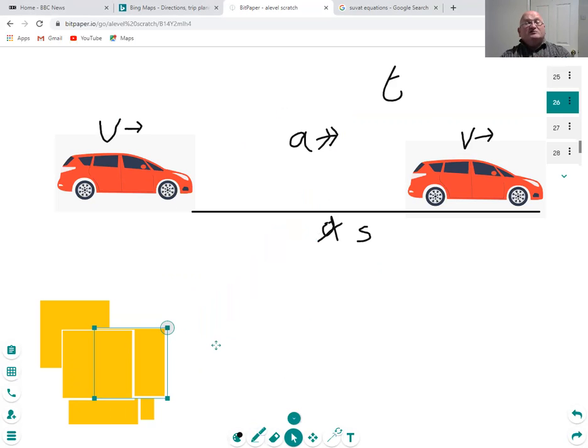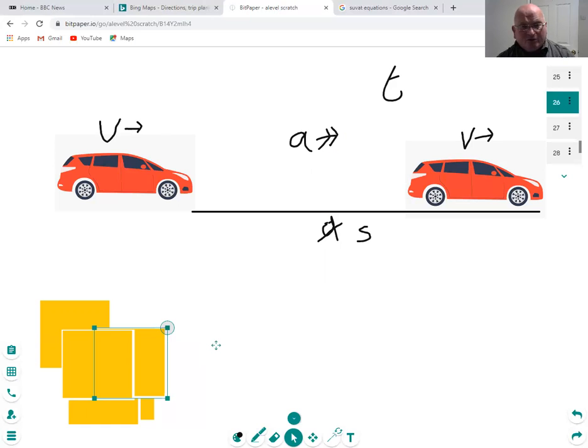If you're getting faster and faster at a faster and faster rate, you've got non-constant acceleration, and the Suvat equations don't apply. So A is the fifth of the things we're talking about in the Suvat equations. It's the acceleration, and it's basically the rate at which the speed is getting bigger, or lower for a vehicle that's slowing down.